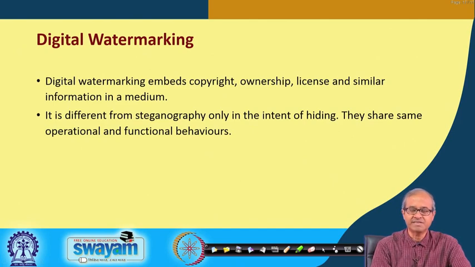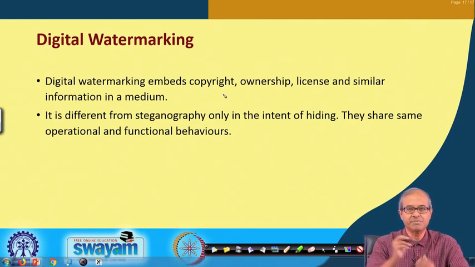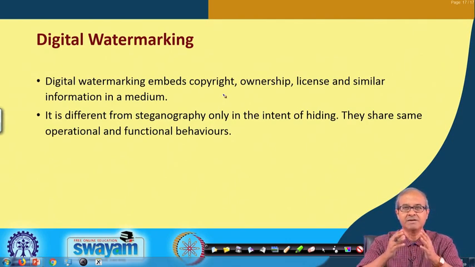Digital watermarking, as I said, is something which is very similar to steganography. Here also we are hiding something, but here there is a particular application why we are hiding. Let us say we can have some copyright information, like for example, some company produces some music, some music CDs, some movies on some media, CD, DVDs, Blu-rays and whatever, various medias are there, online media.